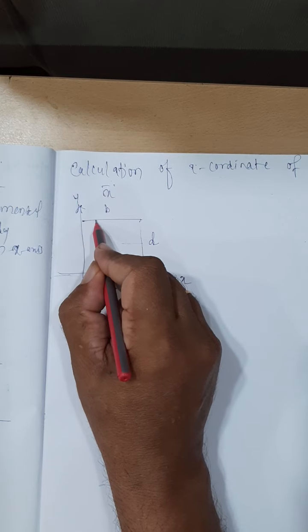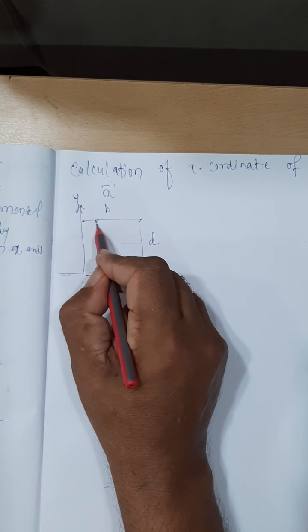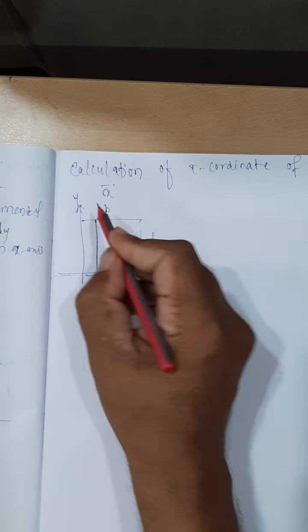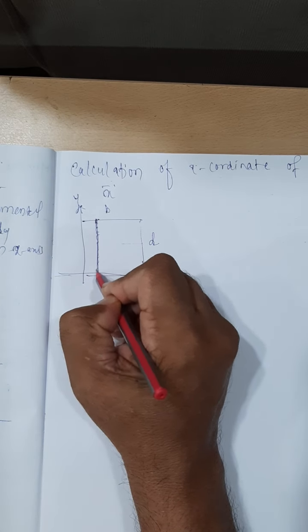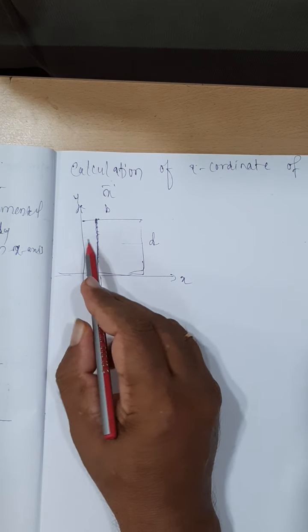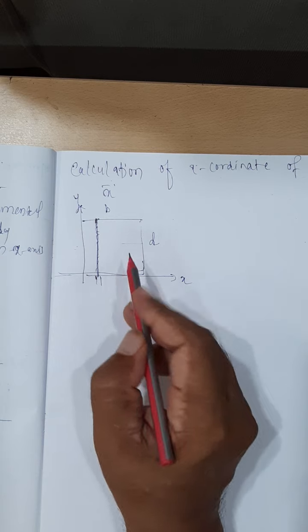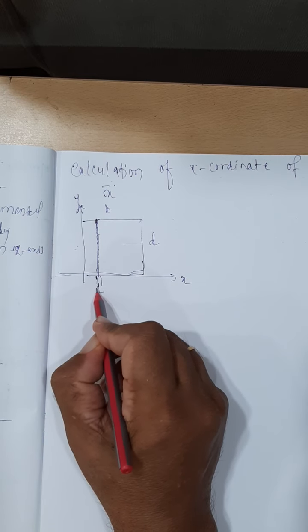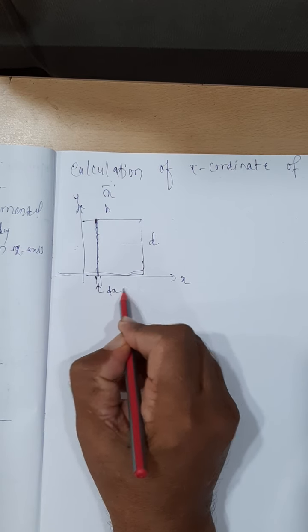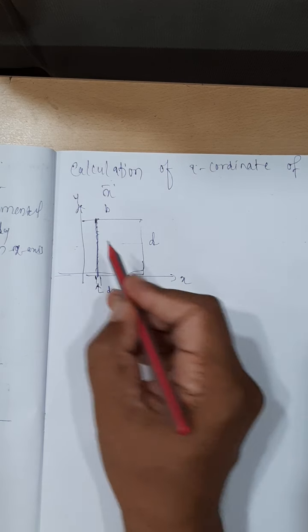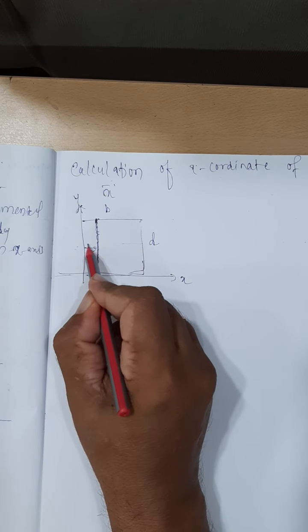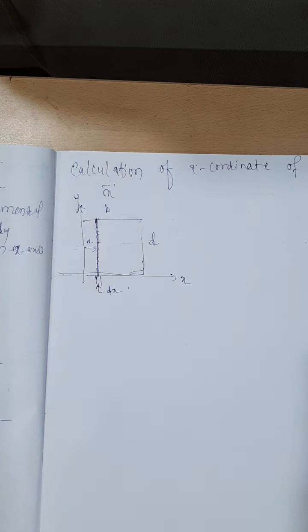For that, first I need to consider a small elemental strip, a strip like this. Its thickness parallel to the y-axis is negligible. Its thickness is equal to dx and it is located at a distance of x unit from the y line.